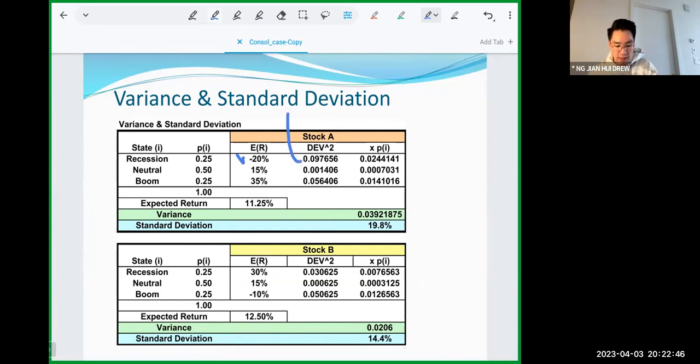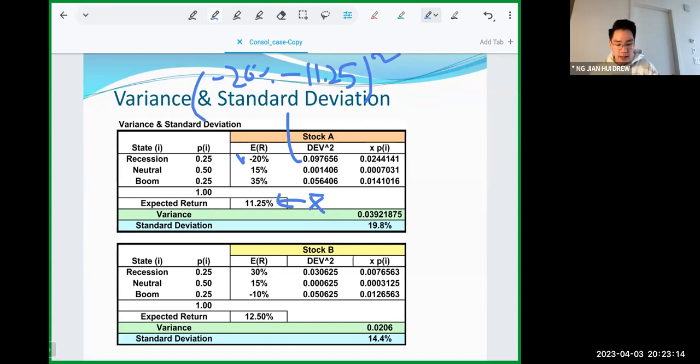It is negative 20% minus 11.25, right? And then we take a square root of this. This is how we get the first value. So we are just inputting the various information inside. So expected return here is the mean, right? X bar, which is a mean.